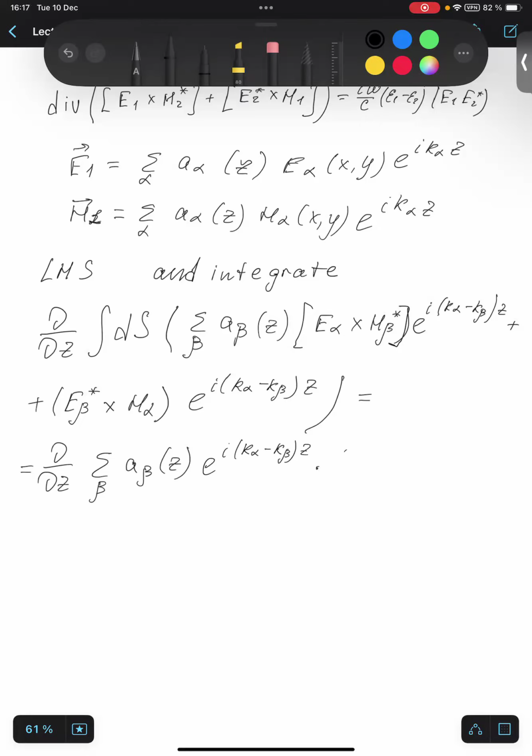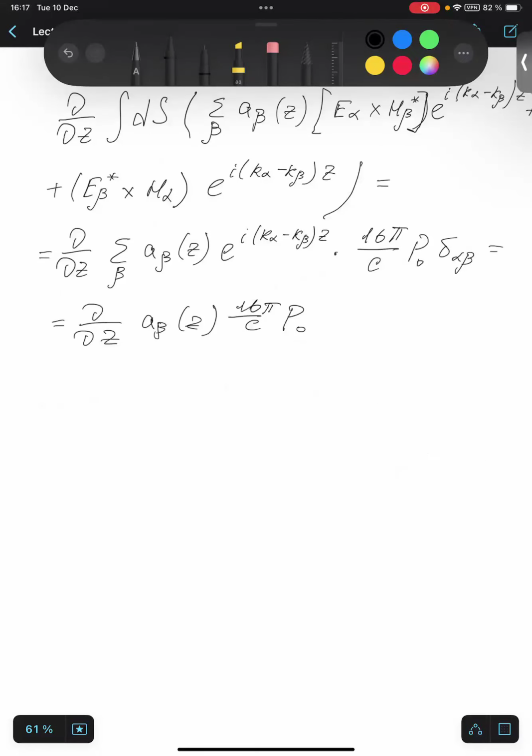We can rewrite it as the sum over beta of A beta(z) exponent i (k alpha minus k beta) z multiplied by the integral that we obtained already, delta alpha beta. We can simplify it further. In the end we obtain d over dz of A beta(z), and 1 over c is 0. This is the left-hand side.